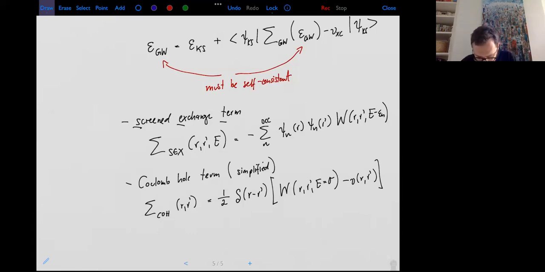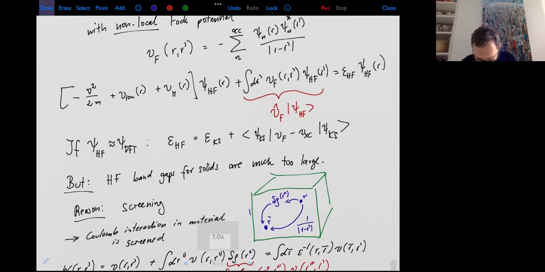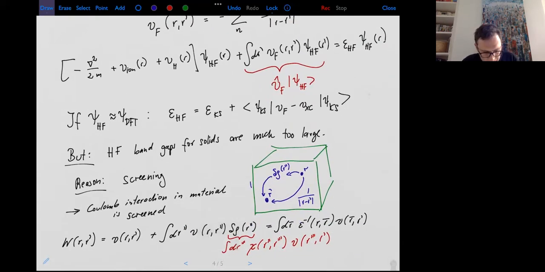Now, if you go back to what we know about screening, which is basically this equation down here, then you will see that the difference between W and V is this term here that involves this polarization charge density delta rho.